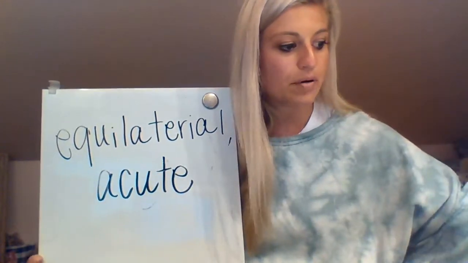Let's look at number 5. On number 5 and 6, they're both going to be the same type of triangle. By looking at that picture, I can tell that none of the sides are equal. So that means that it is going to be a scalene triangle. So for number 5 and 6, I'm going to write scalene. However, the angles are different.